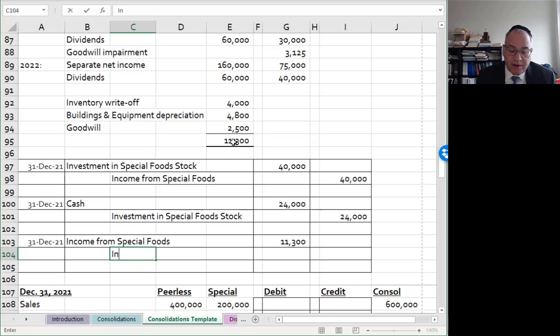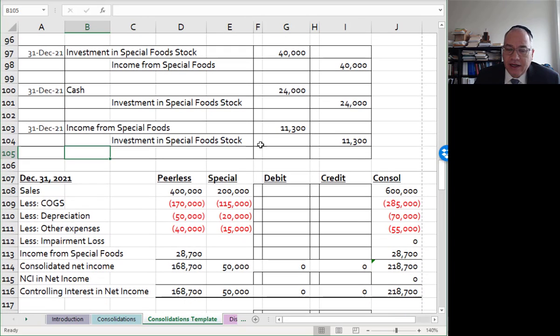So I'm going to debit income from Special Foods and credit investment in Special Foods stock, in essence reversing part of the first journal entry for $11,300. And here you can see income from Special Foods on the books of Peerless is equal to $40,000 minus $11,300, or $28,700.